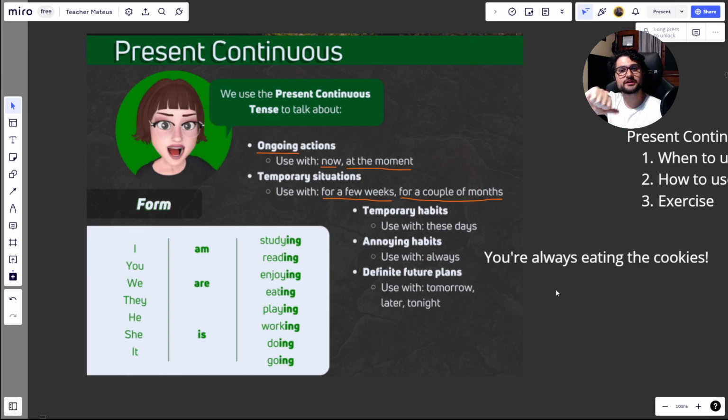This is a bad habit because we buy the cookies and then I eat all of them. So Gabi can tell me, Mateus, you are always eating the cookies. In the company, for example, if there is somebody that usually arrives late to meetings, we could tell this person, come on, you are always arriving late. So this is an annoying, bad, not so good habit.